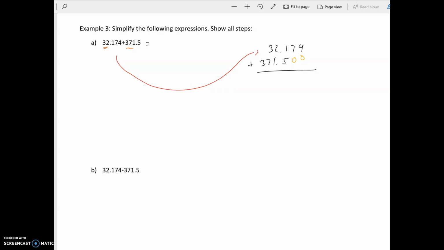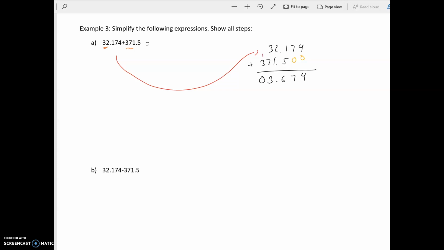Let me double check that it was copied correctly. 32.174, 371.5. Okay, so as we added 4 plus 0, it's actually 4. 7 plus 0 is 7. 1 plus 5 is equal to 6. Don't forget the decimal. 2 plus 1 is equal to 3. 7 plus 3 is equal to 10, and you carry 1.